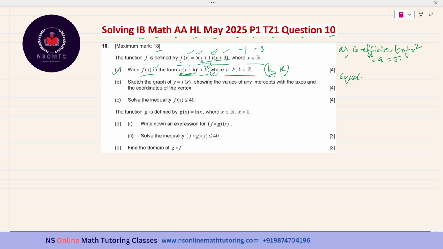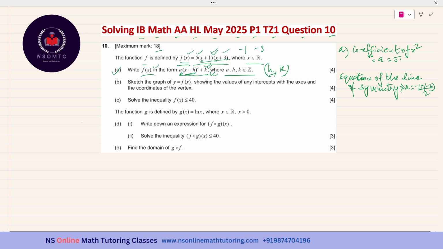So equation of the line of symmetry is x equal to (-1 plus -3) divided by 2.